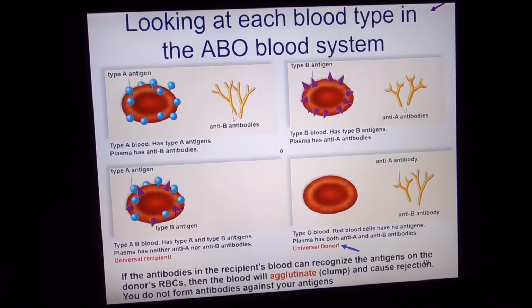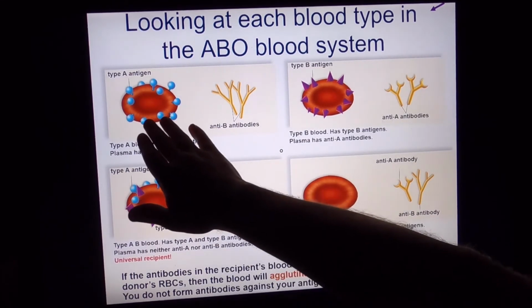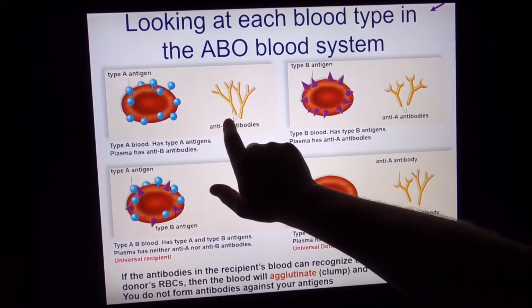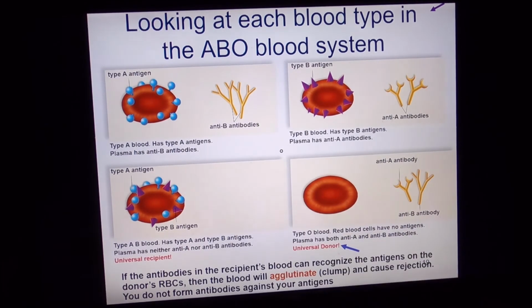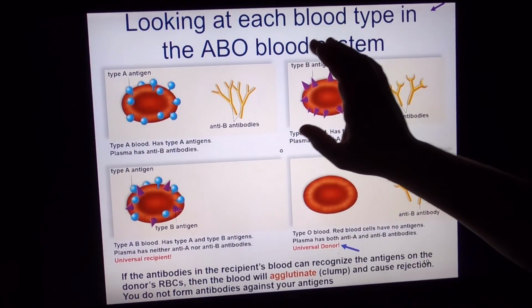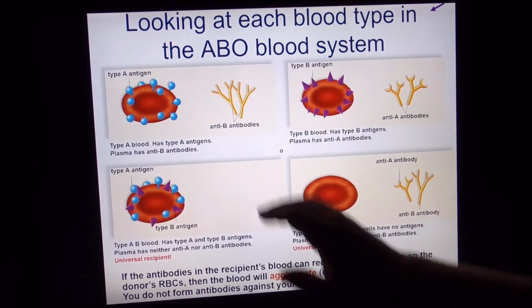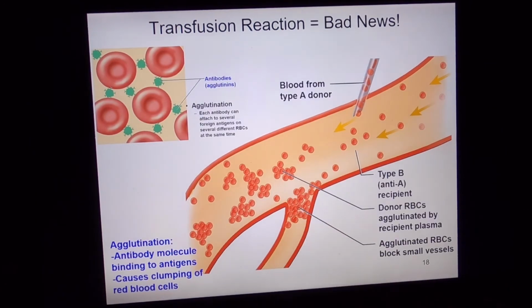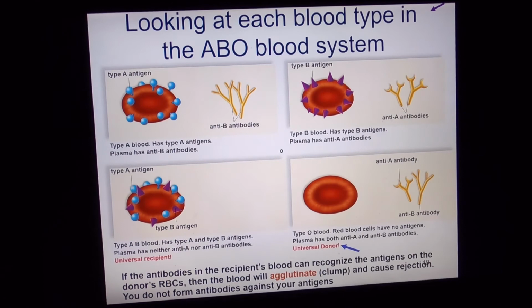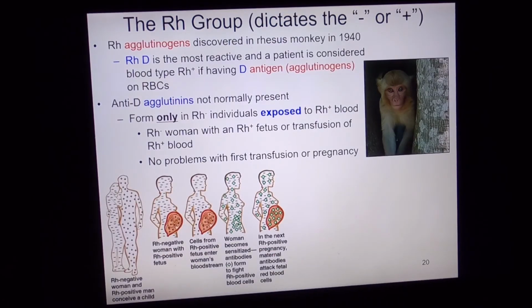They can give blood to anybody. But the trick is, again, if I'm type A and you give me type B blood, I'm going to make antibodies against it. My immune system is going to destroy it. It will recognize type B blood as foreign and destroy it, leading to clumping, leading to that agglutination. Yeah. It's just your immune system, folks. It's just how your immune system works.